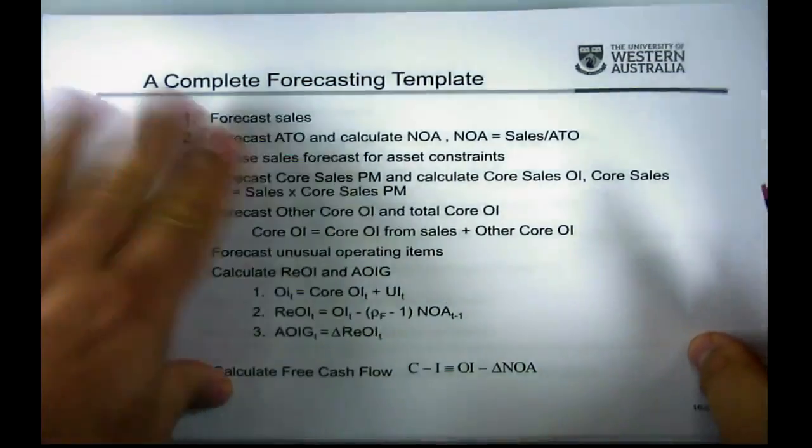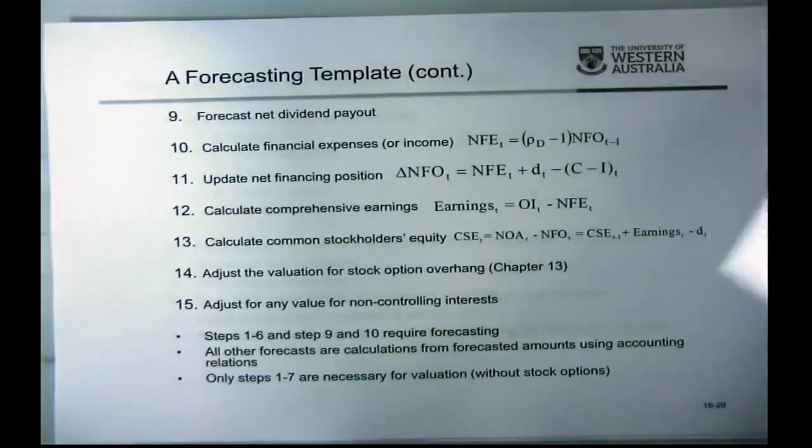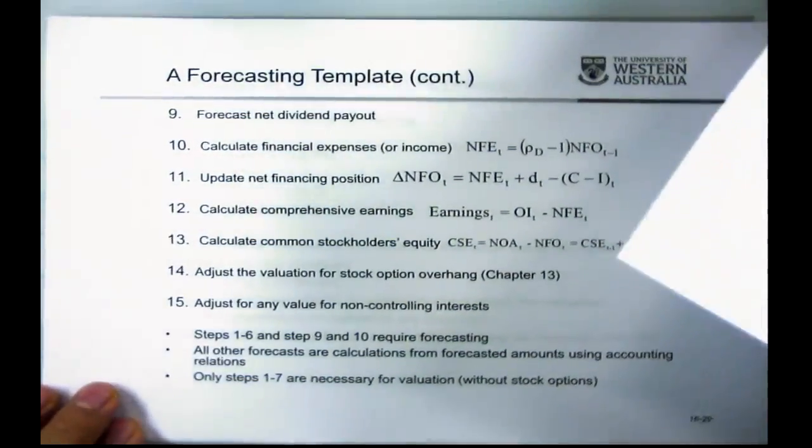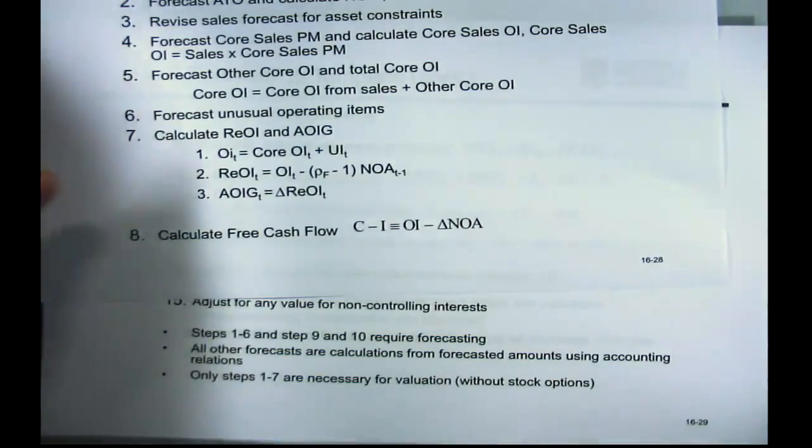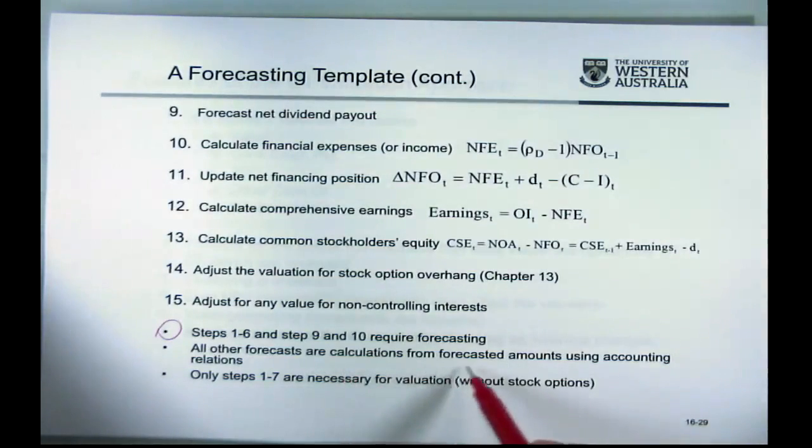Have a look at this one and see the steps. Steps 1 to 6 and steps 9 and 10 require forecasting. All other forecasts are calculations from the forecasted amounts.